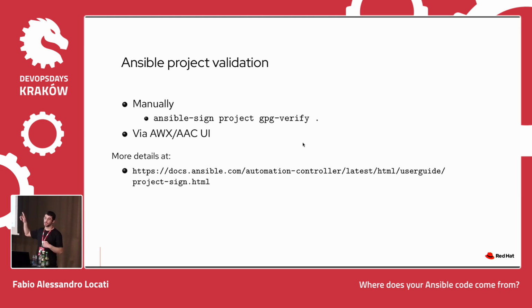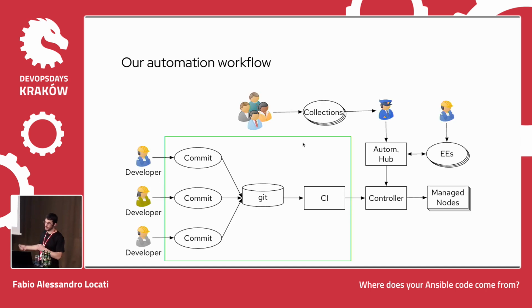Simply, we will need to flag a field in the Ansible controller or AWX, and it will validate the signatures. Now, you can also specify which keys should be authorized there, and at that point, you can create that level of trust. So in this way, if we sign it in the CI step and we verify it in the controller step, then we have also secured that link of the chain.